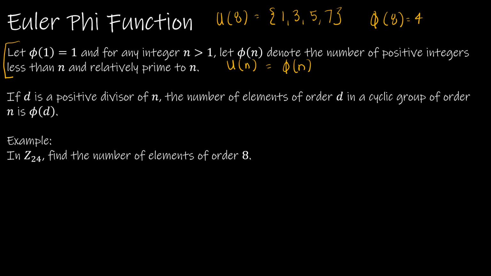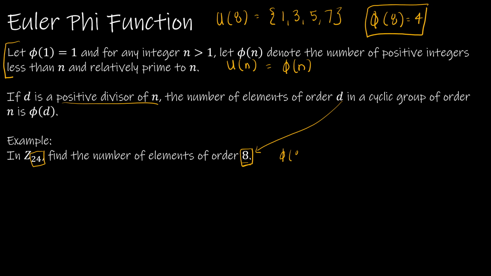So if d is a positive divisor of n, the number of elements of order d in a cyclic group of order n is phi of d. So for instance, in Z24, if we want to find the number of elements of order 8, well, essentially we've just found it. So how did I do it? We're saying in Z24, so 24 is n, and 8 is certainly a positive divisor of 24. The number of elements of order d, so in this case d is 8, in a cyclic group of order n, is phi of d.